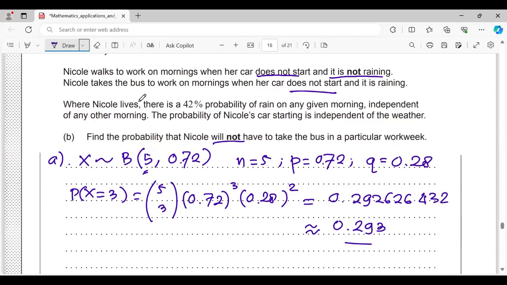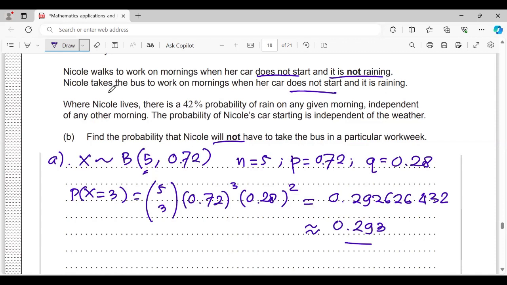So she takes the bus if the car does not start and it is raining. And the second option, Nicole walks if the car does not start and it is not raining in the morning.